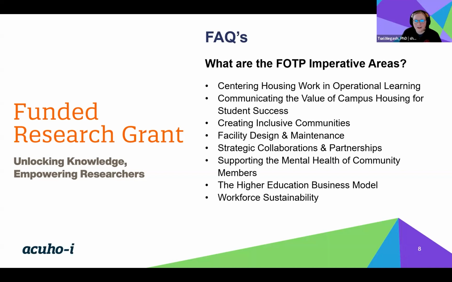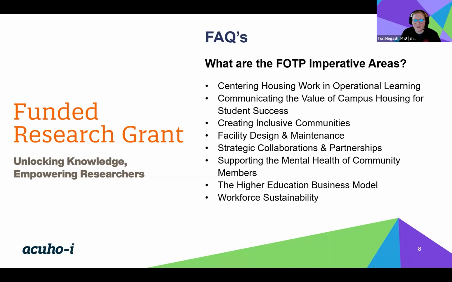Future of the profession, or FOTP, as I've written here. These are the imperative areas. These are also on the ACUHO-I website. And there's a link to where you can find this information within the application form. So if you want to reference it while you're working on that, there's a link there to get you out to that page directly.